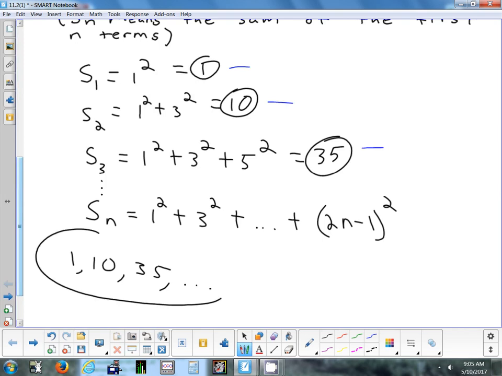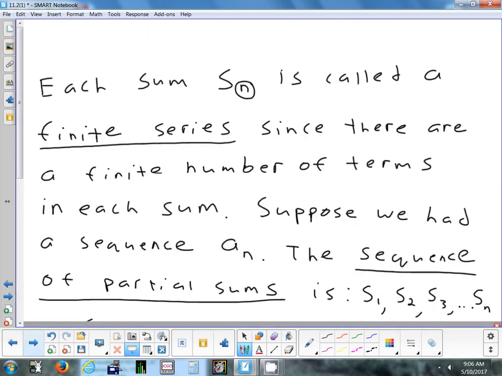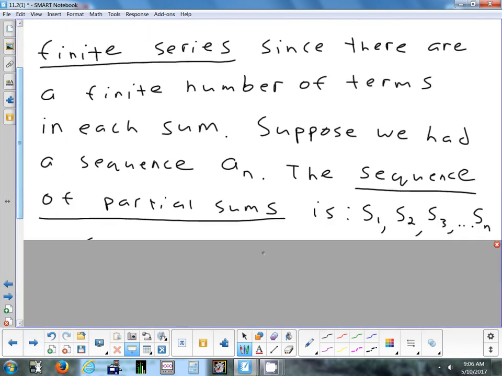What I just wrote right here, that's a sequence of partial sums. 1 is what you get when you add up the first 1 terms. 10 is what you get when you add up the first 2 terms. 35 is what you get when you add up the first 3 terms. So each number in this list that I just wrote represents a summation, and we did the calculations earlier up above. So this is a sequence of numbers where each number in the list is a sum. And that's called a sequence of partial sums.